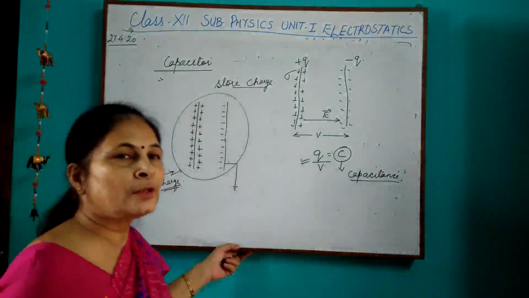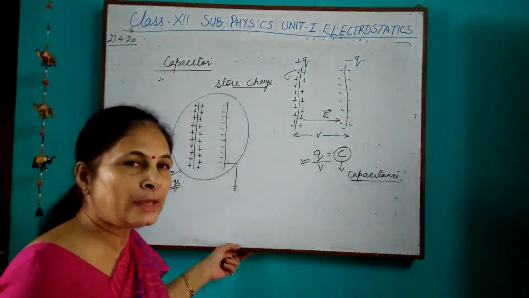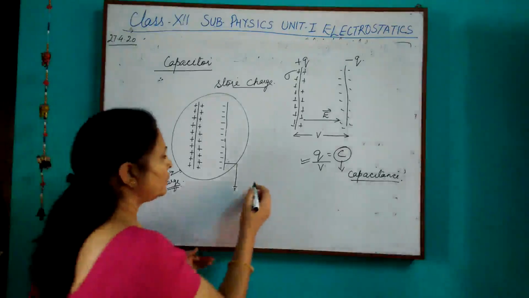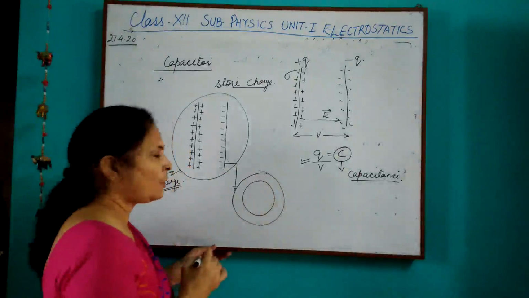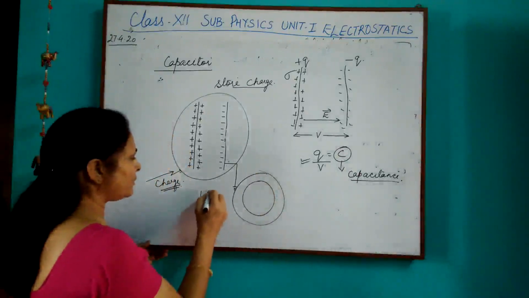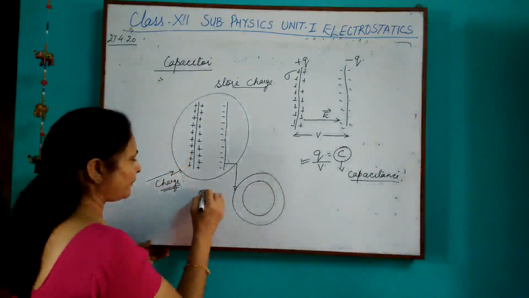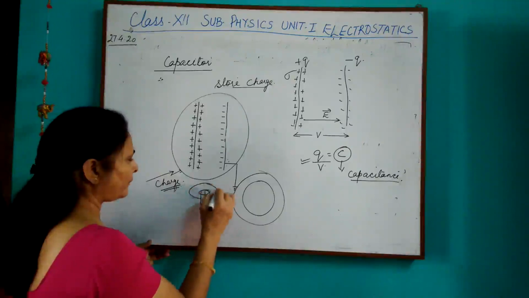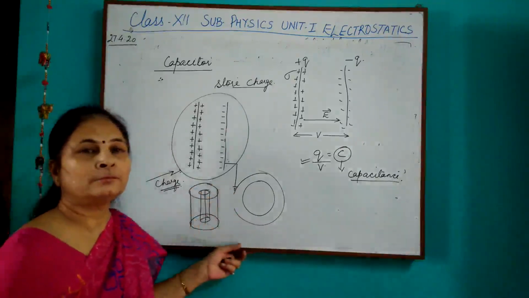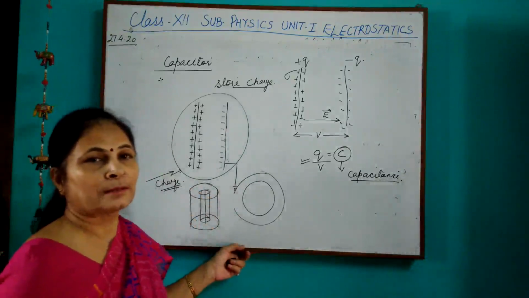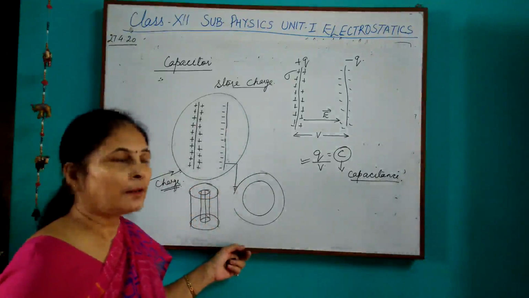So a configuration in which we have got two plates, or we can also have two spheres, or we can have two cylindrical coaxial ones, will form a capacitor.